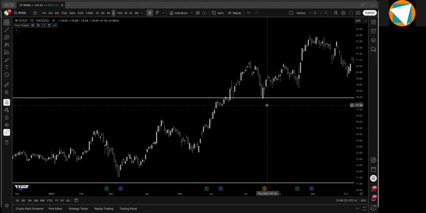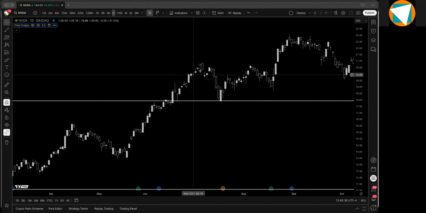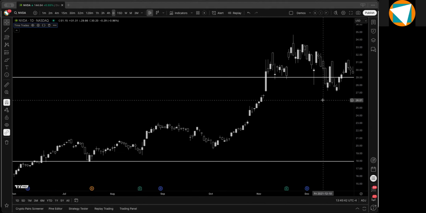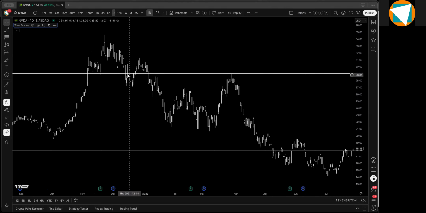Okay. Now, as we move forward in time, you can see how the crosses get stronger and stronger. This is an excellent example of a strong bar crossing the white magic level, moves up, comes back for a retest, very strong retest of that level, and then NVIDIA resumes its move up. Okay.